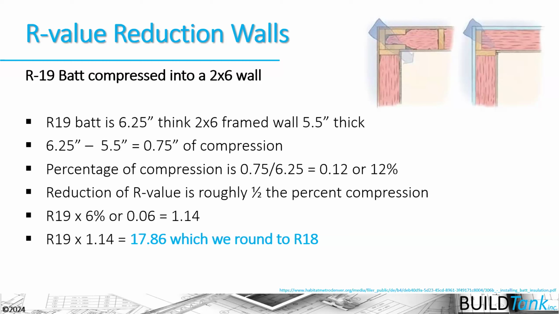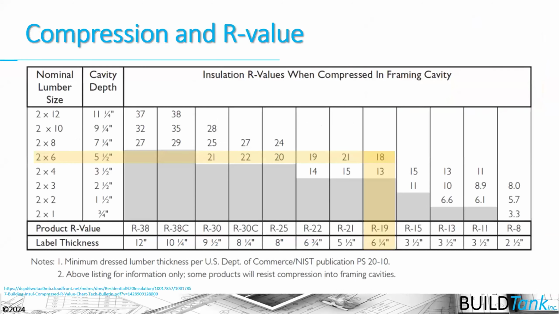If we take that compression into account, we see that its R value is decreased because it can no longer trap the same quantity of air in that 6.25-inch insulation. However, we know that R19 in a 5.5-inch cavity, if it's installed perfectly, is actually about R17.8, and we generally round it up to R18. This is proven time and time again by manufacturers in their compression charts.